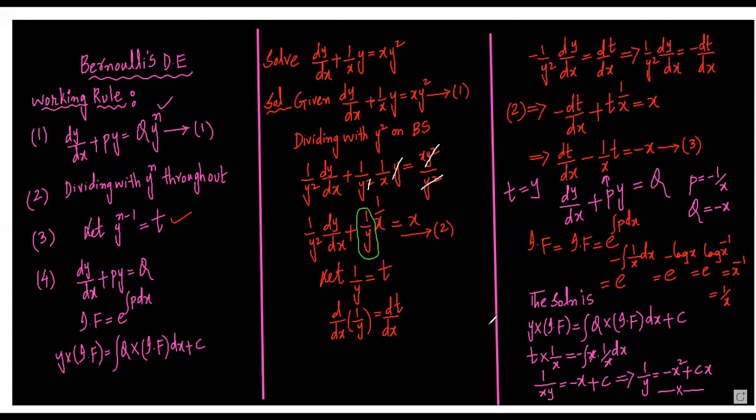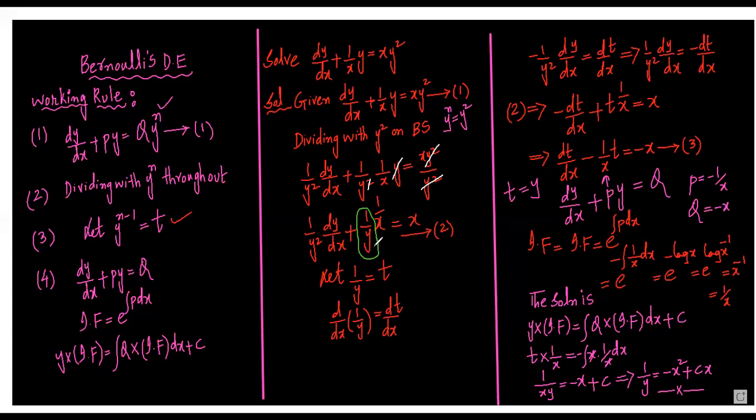So what we have to do is identify the y power n term here. Here the y power n term is y square. Whatever the term is, we have to divide with that term and make the equation free from y. So we divide with y square. After dividing with y square, this green mark, whatever I did, is also most important.